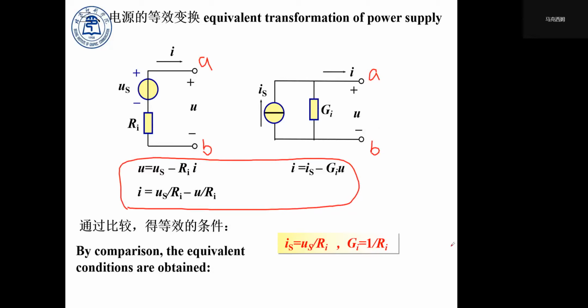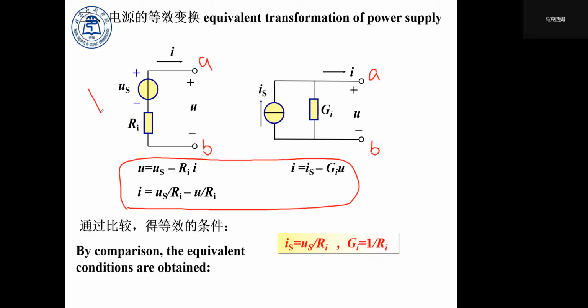The current source value must equal the ideal voltage source over its inner resistor, and the conductance of the current source must equal the reverse of the resistance in the voltage source.